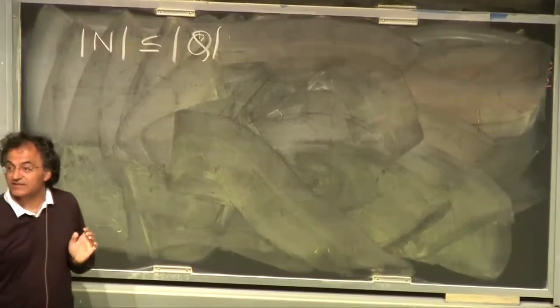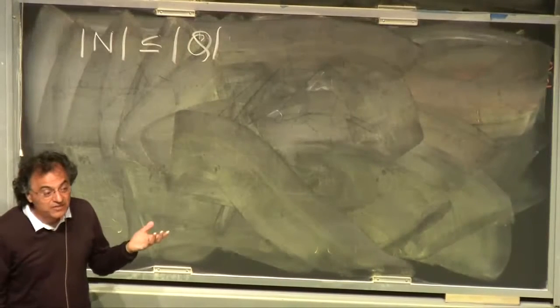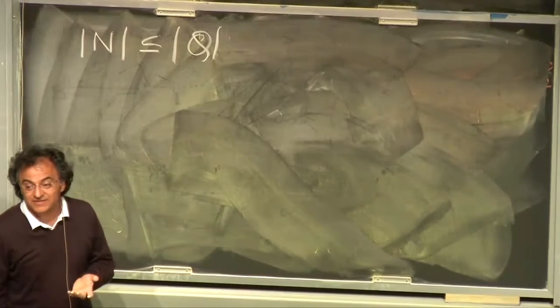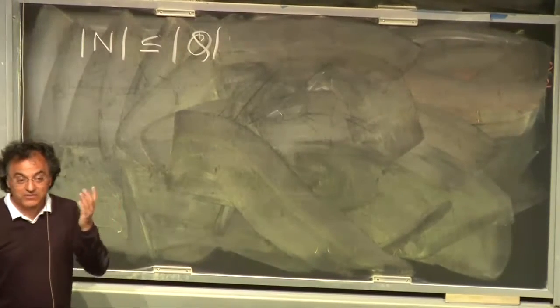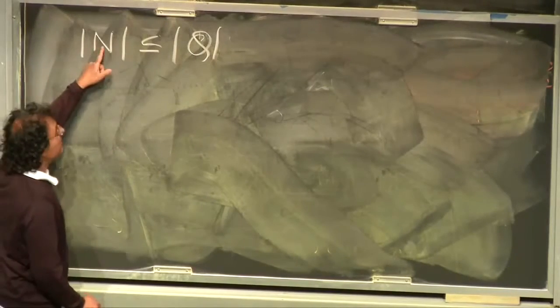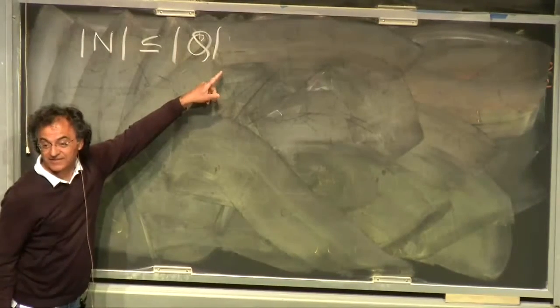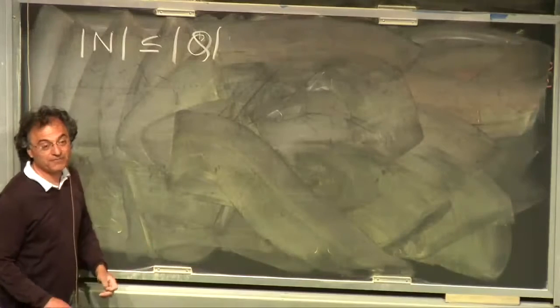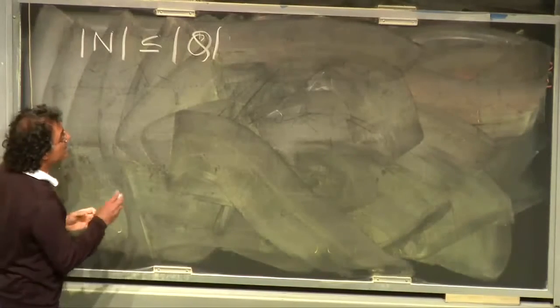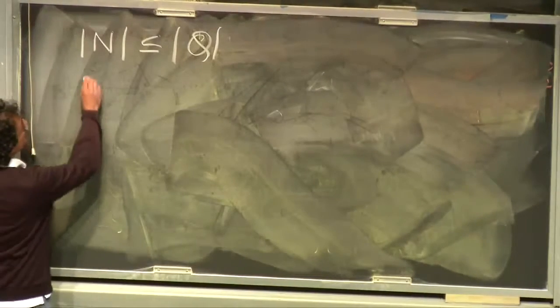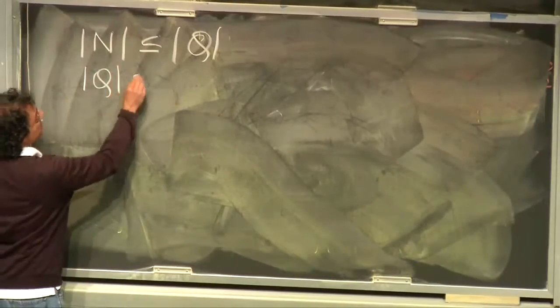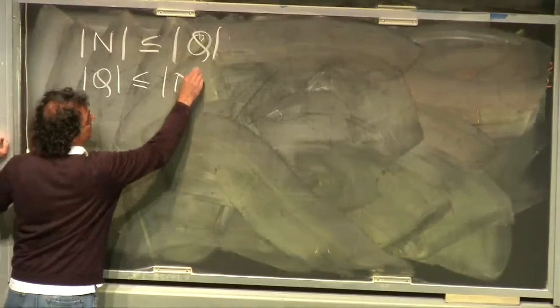Everyone see that? Because every natural number is a rational number. So you have a one-to-one map where you just map each natural number to itself. That's a rational number. So the hard part is showing that the number of rational numbers is at most the number of natural numbers.